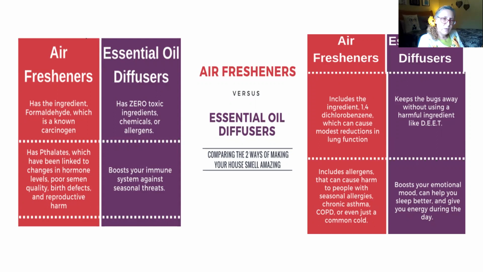So anyway, back to the essential oil diffusers. Yes, 0 toxic ingredients, chemicals, or allergens. And that would be dependent upon the oil that you buy and the company that you buy from. And we'll talk about that a little bit later. The essential oil diffusers literally boost your immune system against seasonal threats.